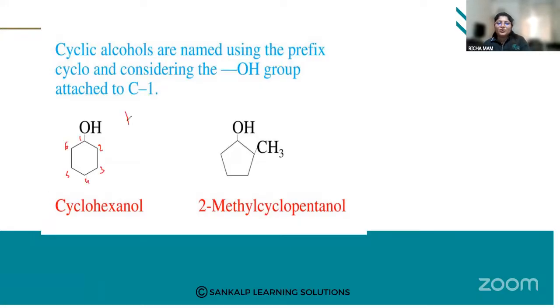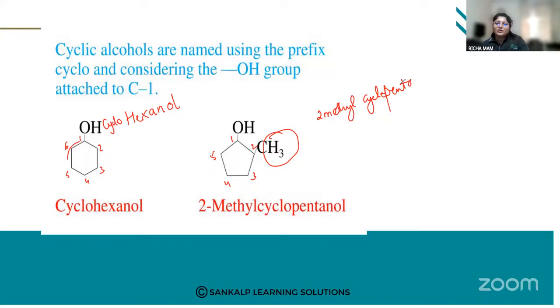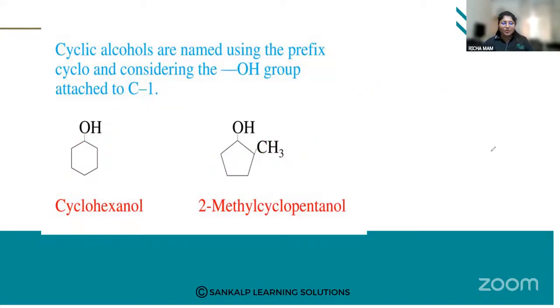So cyclo, it is a hexane, the E is replaced by OL, and there is a cyclic ring, so we name it cyclohexanol. Then again 1, 2, 3, 4 and 5. The substituent is methyl, so 2-methylcyclopentanol. So this is the nomenclature. I hope this is clear. Yes? Okay.